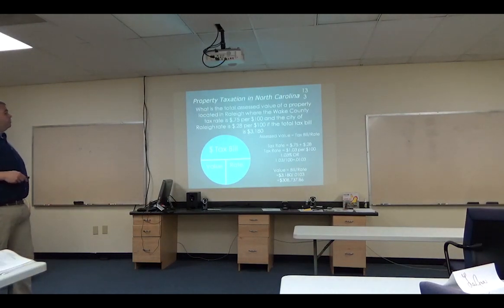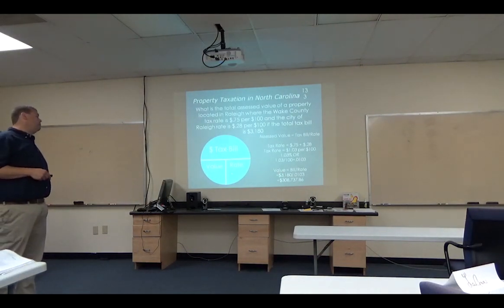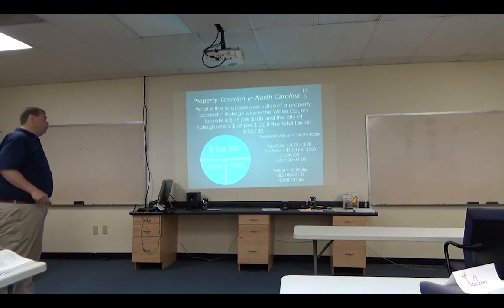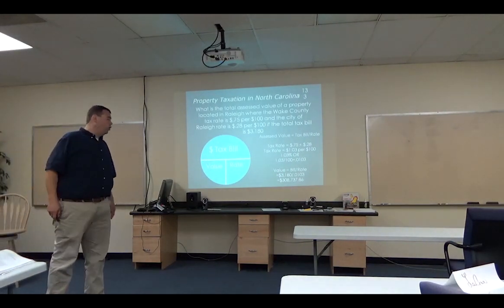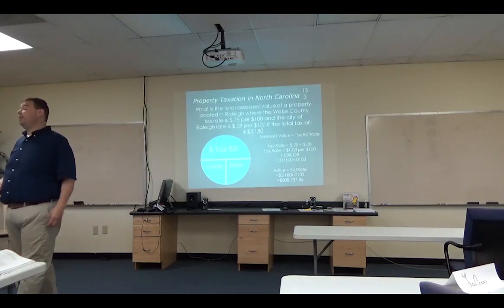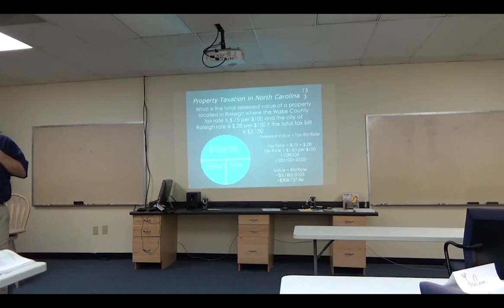And the value is, of course, equal to the bill divided by the rate. It gave you the bill of $31.80 divided by the rate of 0.0103 or 1.03%, whichever way you want to type it in your calculator. I like the 1.03%. That's the way I usually do it. And it's going to give you an assessed value of $308,000 and change.